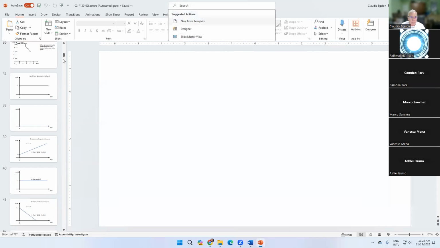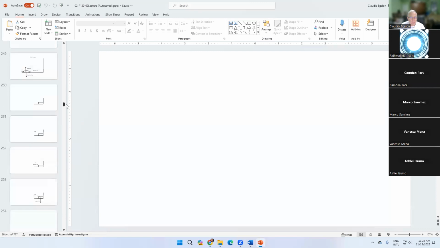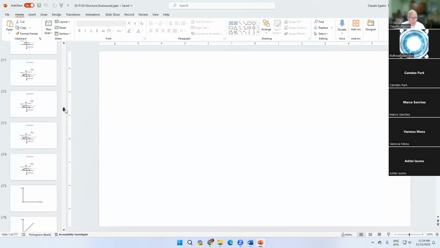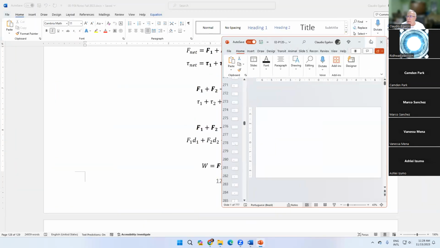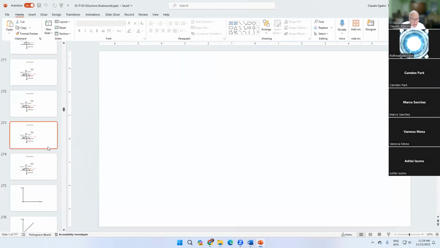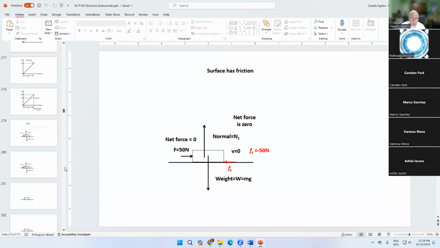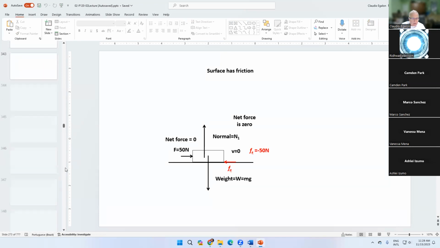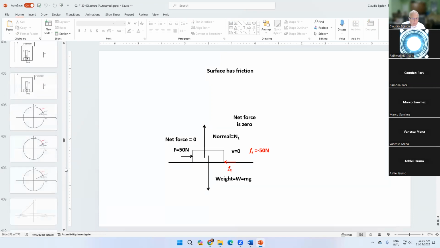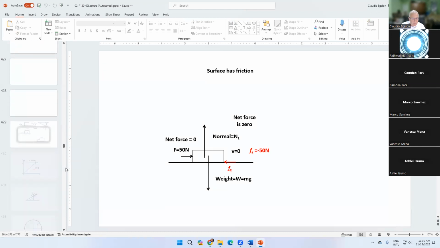Just remember from the drawing, right? We are taking the point of rotation at the extreme left in the board. So the force F2 is the force F1 because we're taking the point of rotation at the extreme left. The torque due to the force F1 is going to be 0.